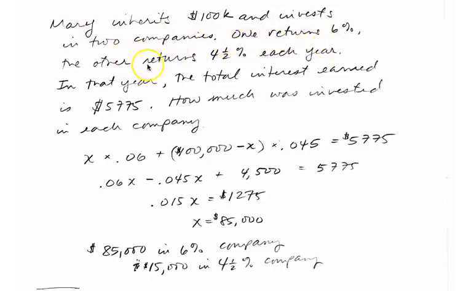One returns 6% and the other returns 4.5% each year. In that first year, the total interest earned is $5,775 that she gets back on her $100,000 investment. So how much was invested in each company?